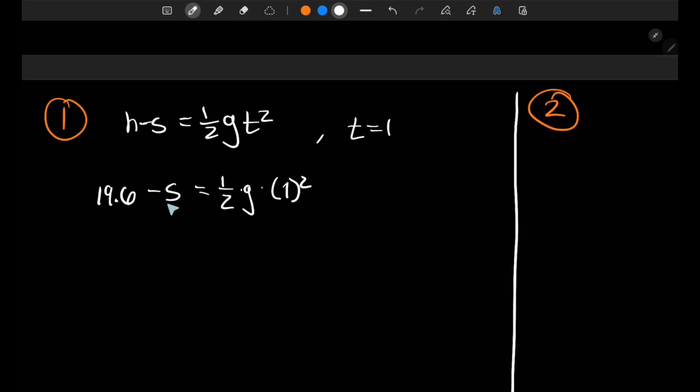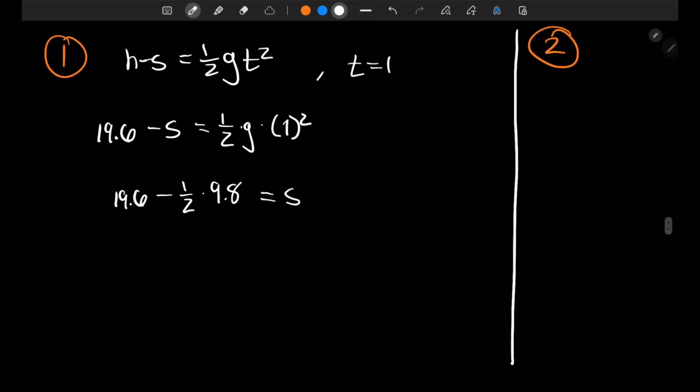Then if you add over s and you subtract over this term, we get that 19.6 minus 1/2 times 9.8 times 1 squared, which is just 1, so I'm going to leave that term out, is equal to s. And then if you plug this into your calculator, you should get that s is equal to about 14.7 meters.